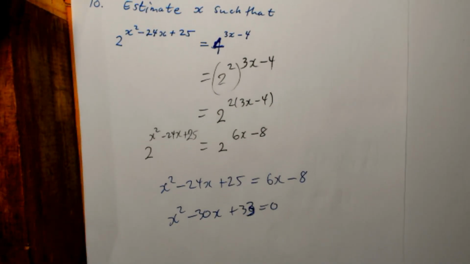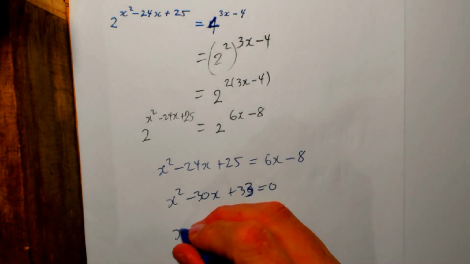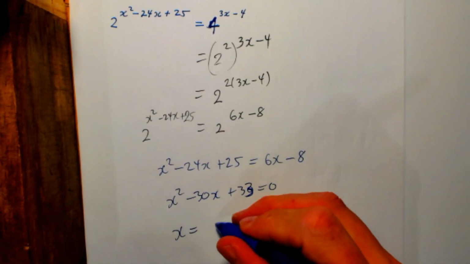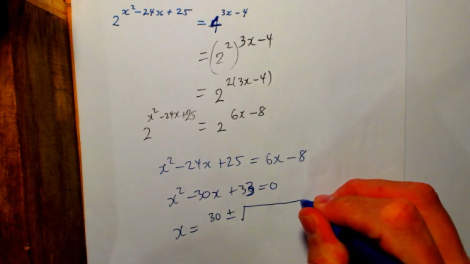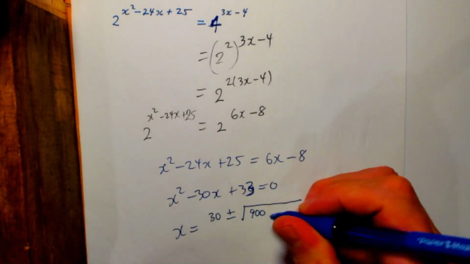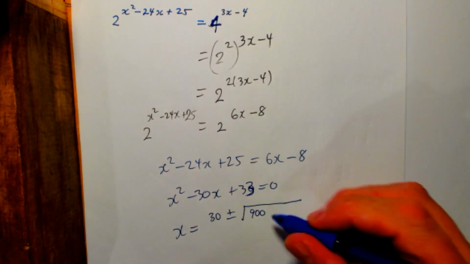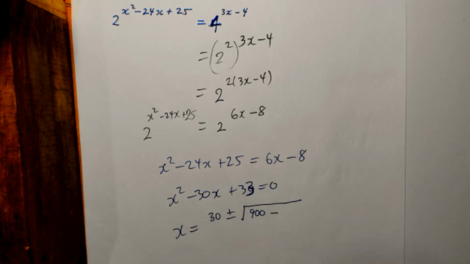Okay, now we have a quadratic equation to solve. So since we don't have a nice factorization, we'll use the quadratic formula. X is negative b, so that's 30, plus or minus the square root of b squared. B squared is easy here. Minus 30 squared is 900. Minus 4 times 33 times a. A is 1.